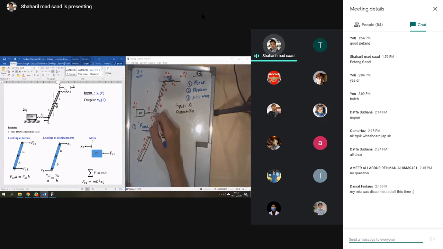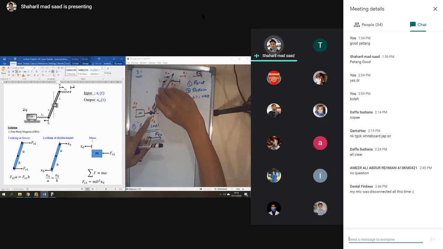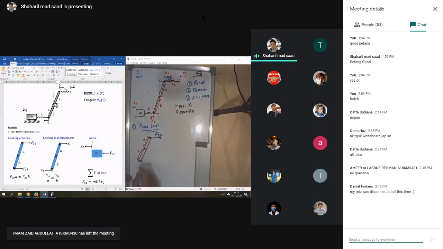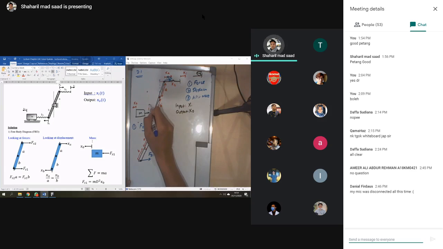So at this point, when this lever pulls this way, that means this lever tries to push this spring, pull this spring. So the force from this spring will fight back, will push it back. That means you will get the force from here as Fs1.